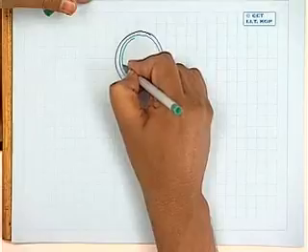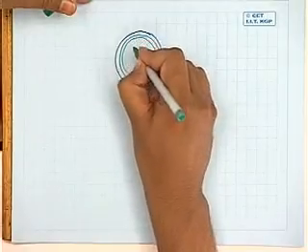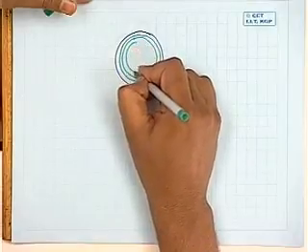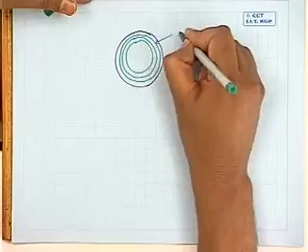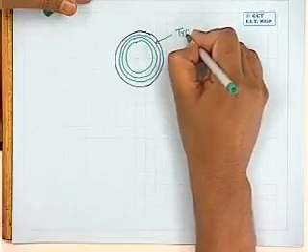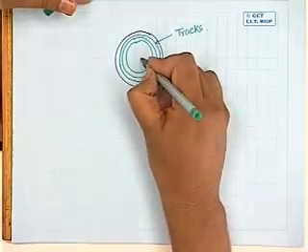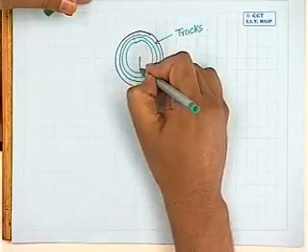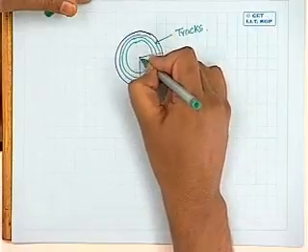There will be a number of concentric circles on this disk which will contain the data, and each of these circles is called a track. So these are different tracks which contain the data. These tracks are divided into a number of sectors.